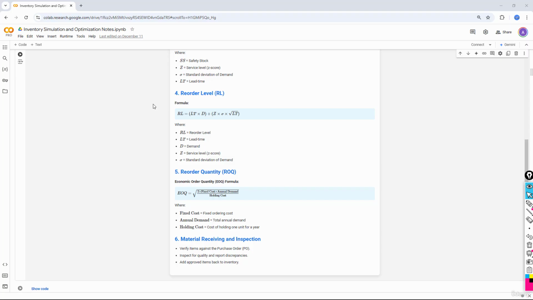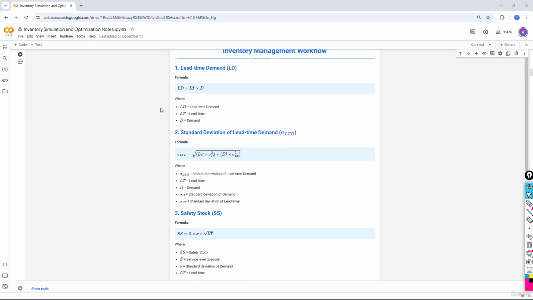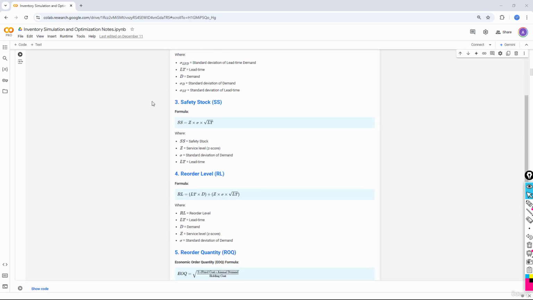So let's quickly look at the workflow by which we generally use these parameters in, let's say, a large industry or an inventory managing more than 500,000 SKUs or different kinds of items. So let's just create a very simple workflow for that.